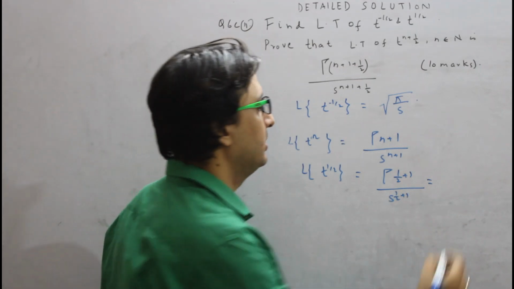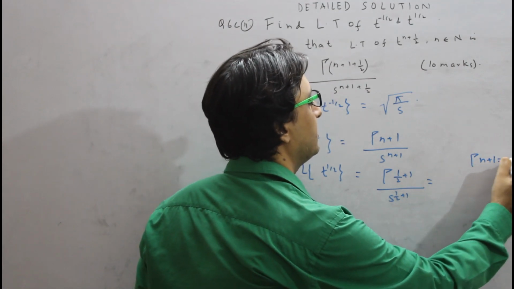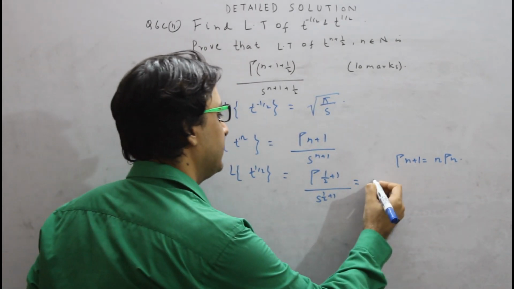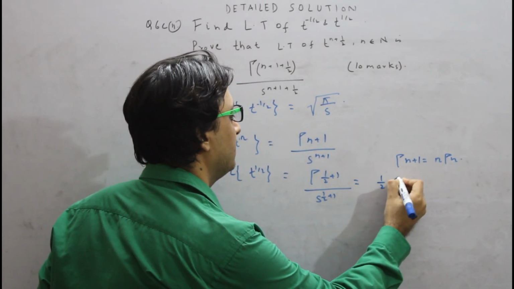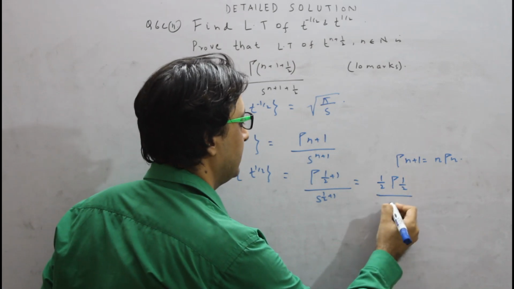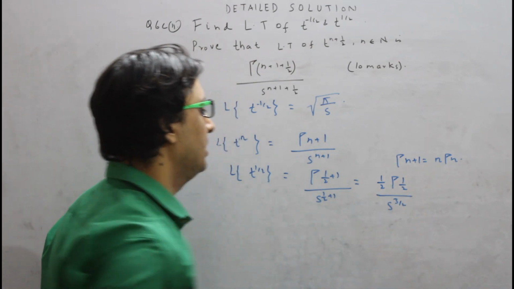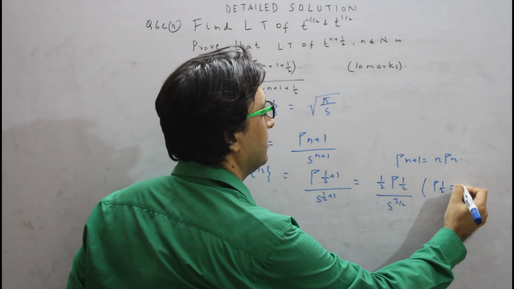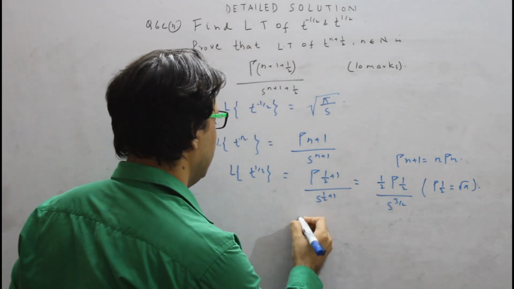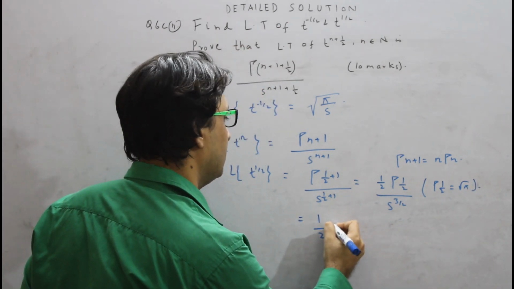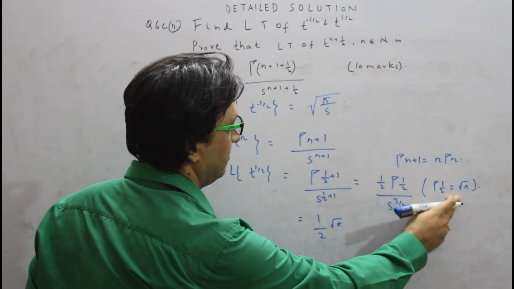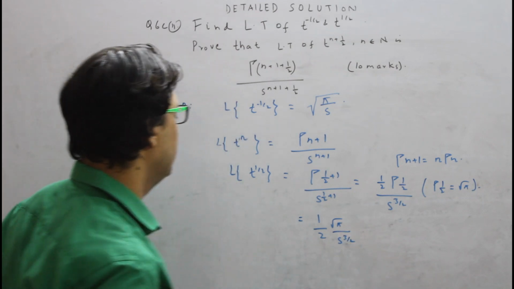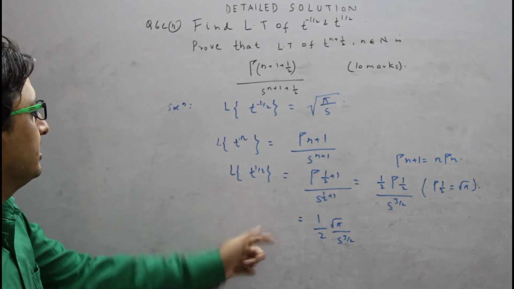We know that gamma n plus 1 is equal to n into gamma n. So we can write this as half into gamma half, divided by s to the power 3 by 2. And we already know the value of gamma half is root pi. So this amounts to 1 by 2 root pi divided by s to the power 3 by 2. So we got our value by using the formula.